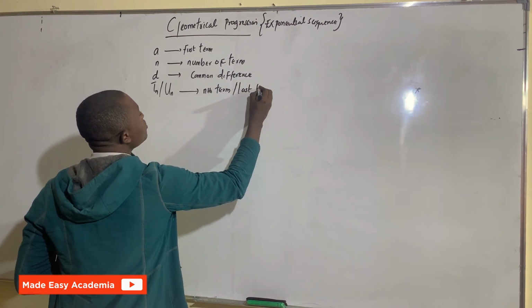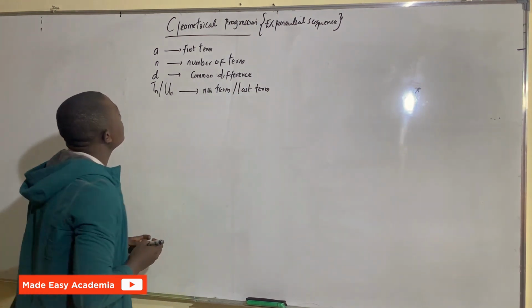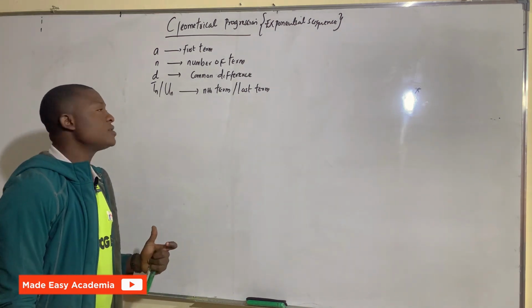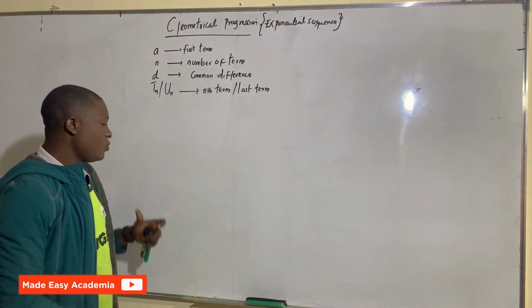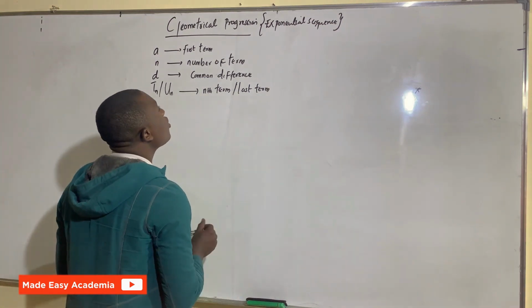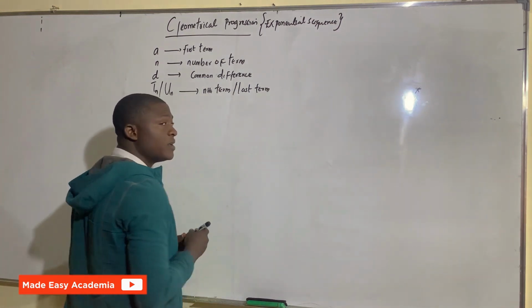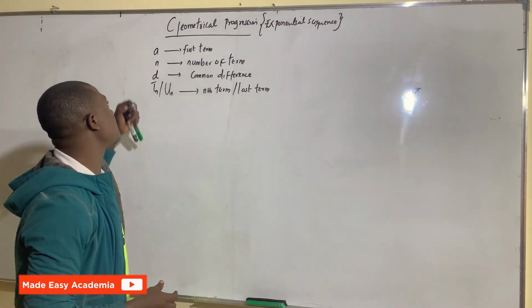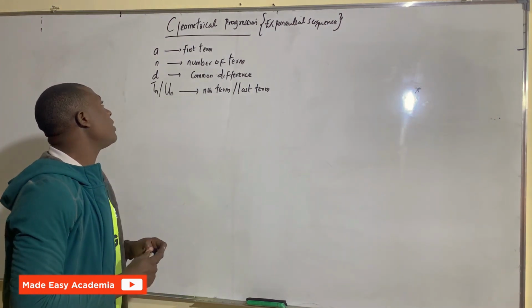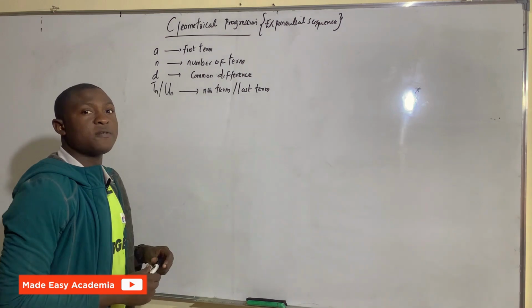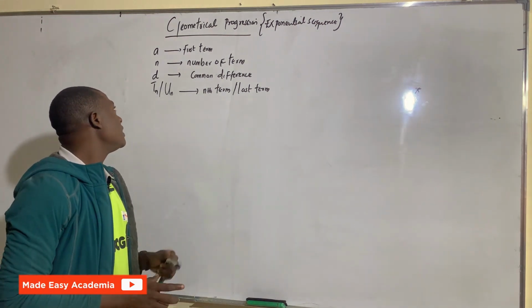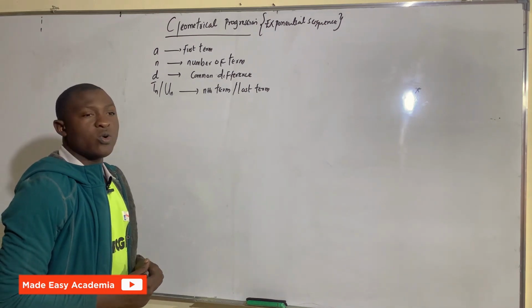The only difference in GP is that instead of having the common difference, we are going to be using what we call the common ratio. Under the AP, these are the terms that we have: A, which is the first term; N, which is the number of terms; D, which is the common difference; and TN or UN, which is the nth term or last term.